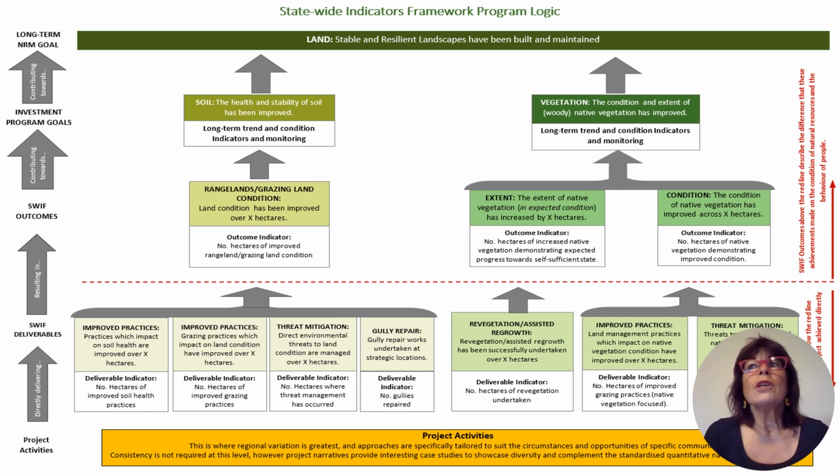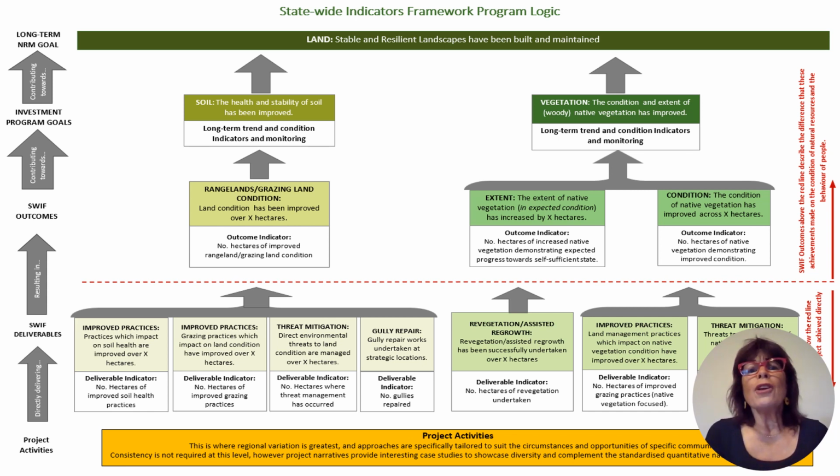So we have tools and methods for collecting data about the deliverables, what you did, and we also have tools and methods for tracking changes and a response in your natural assets, your land condition or your vegetation condition or your wetlands condition above the red line. So you'll hear me talk now and then about below the red line and above the red line, and it's so important that we take both of those levels into consideration in our monitoring.